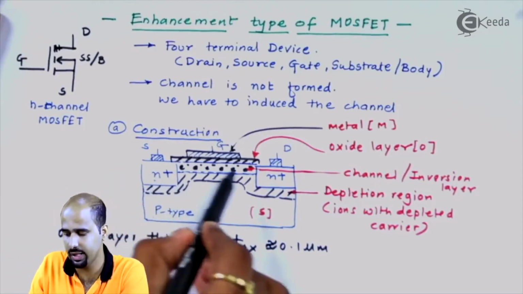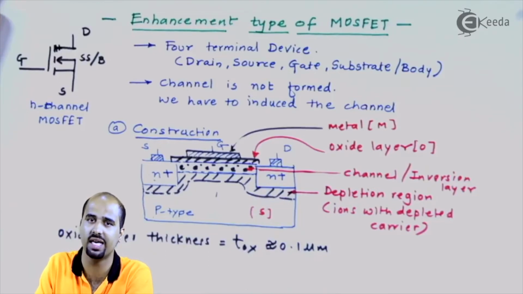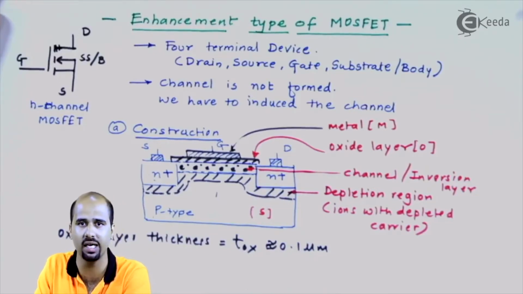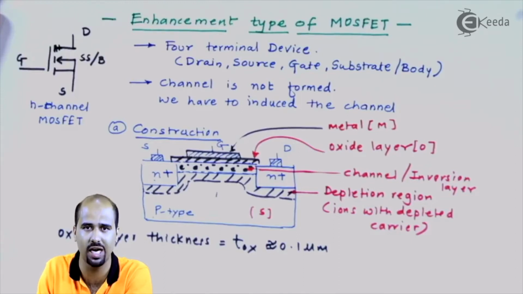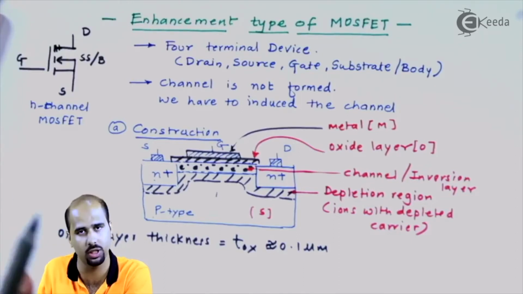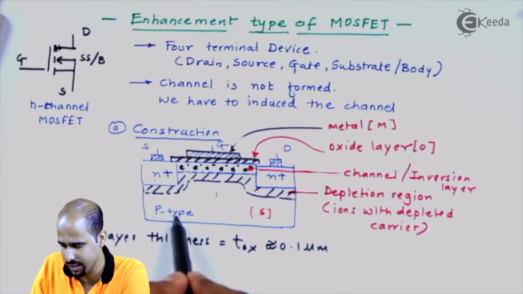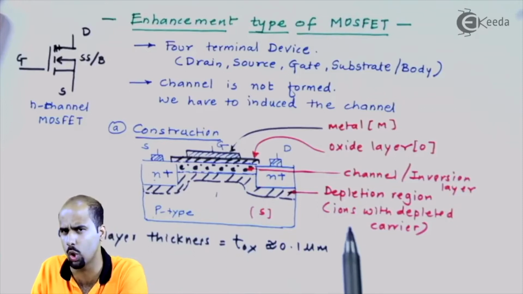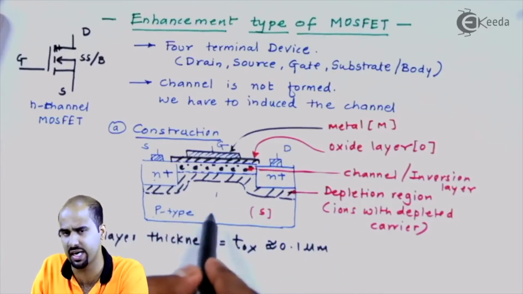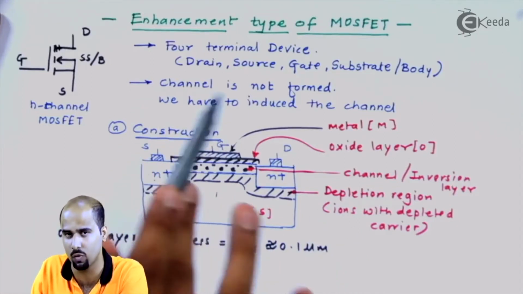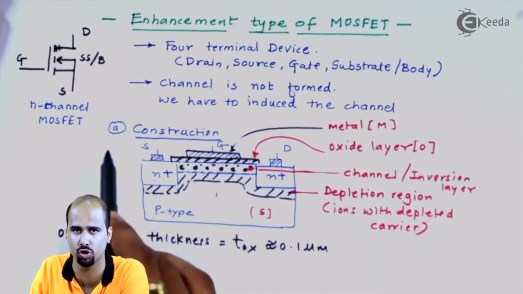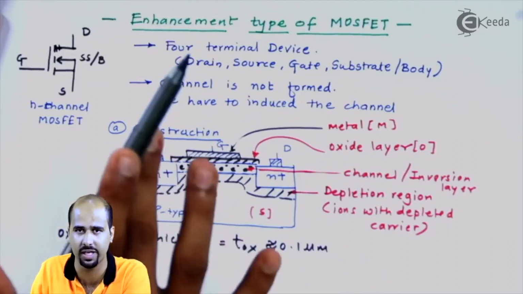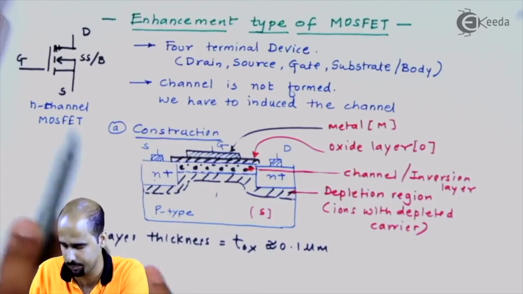Understand that drain and source are always heavily doped, because through them I want current to flow, or I can say charge carriers to flow in this particular region. I have used P type with a moderate doping because I don't want carriers to flow inside that P region. I want the current path from drain to source and source to drain respectively for carriers as well as current, okay.